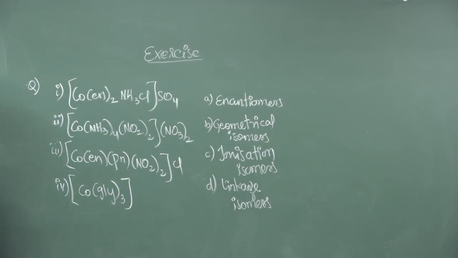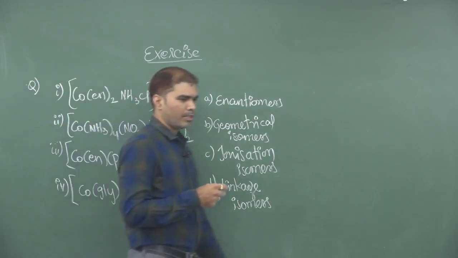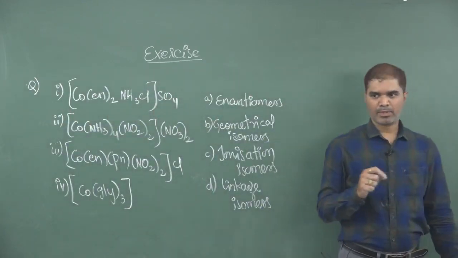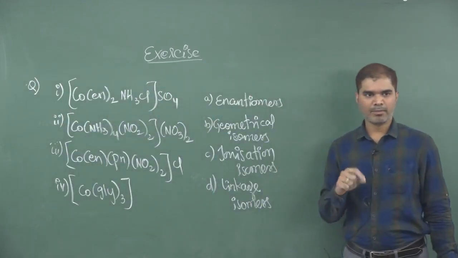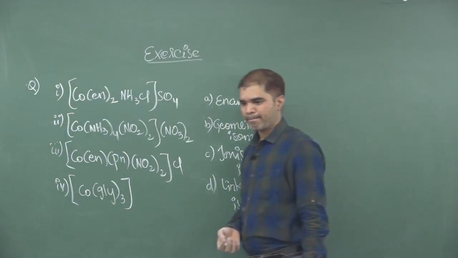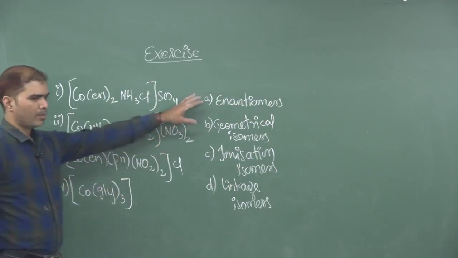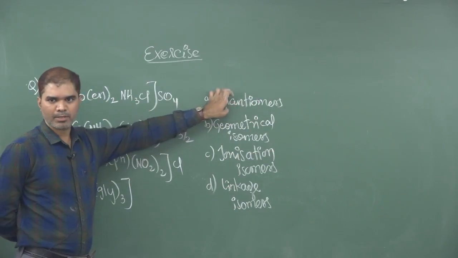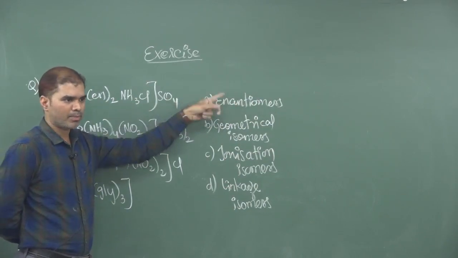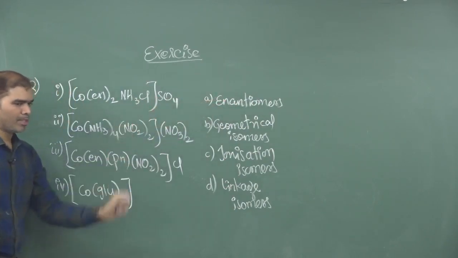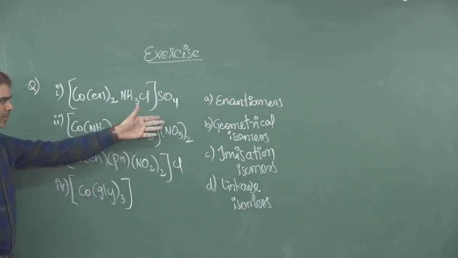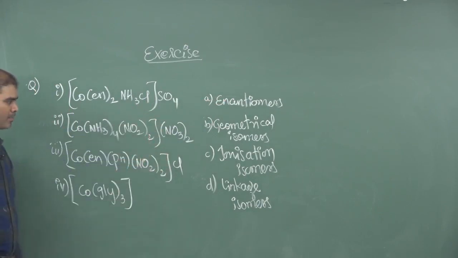You may get the answer, but just try to take a little time, not a greater time, and then try to answer it. Enantiomers means optical activity, that is the meaning of it. Simply remember, enantiomers means there should be some optical activity in it. Optical isomers must be present. Geometrical isomers, ionization and linkage isomers are known.